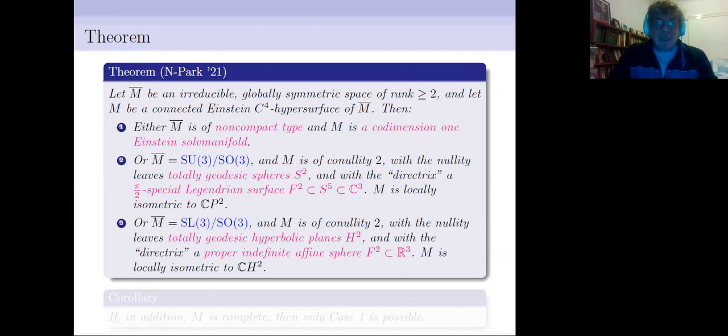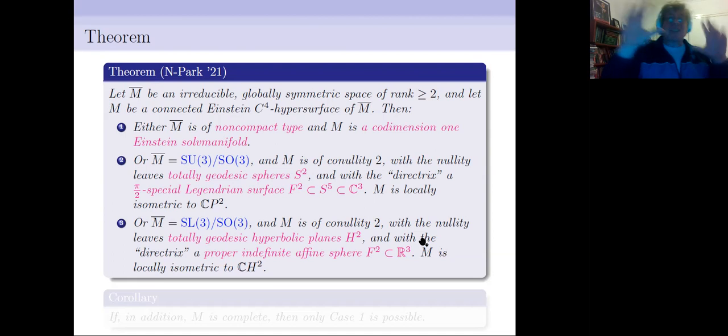Now, these are if and only if statements, in the sense that any of the surfaces constructed in 2 and 3 are indeed Einstein. I'm fully aware that I may have been a little imprecise about this directrix, and I will explain this construction in 2 and in 3 in detail a little later.